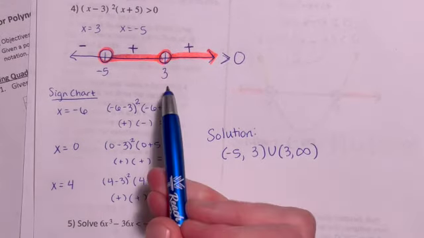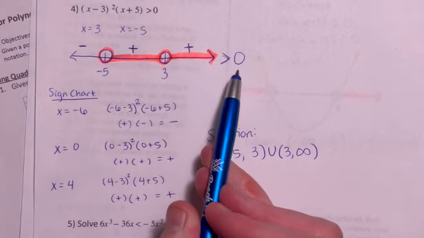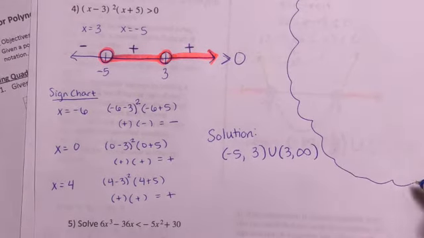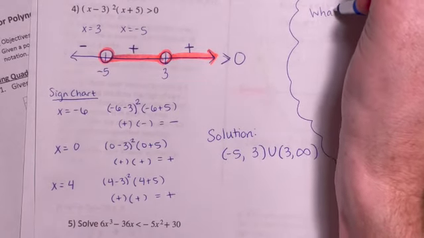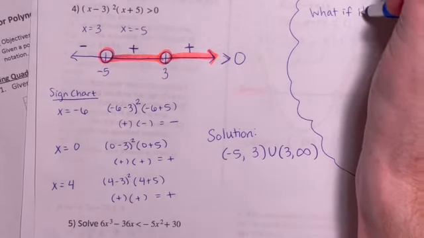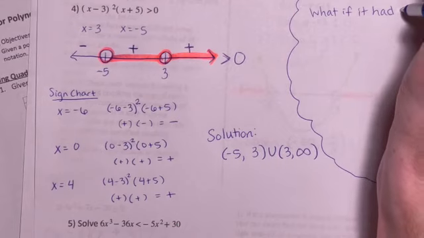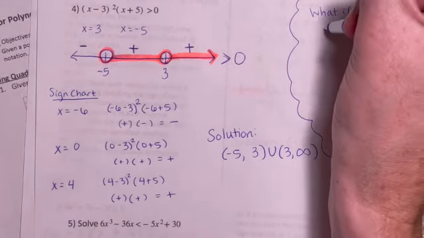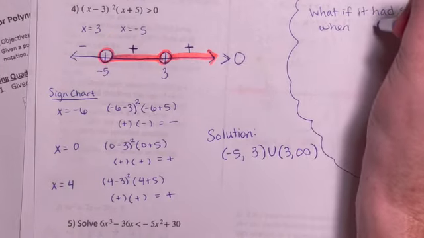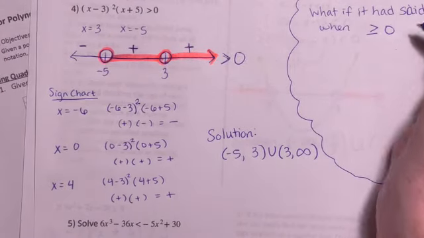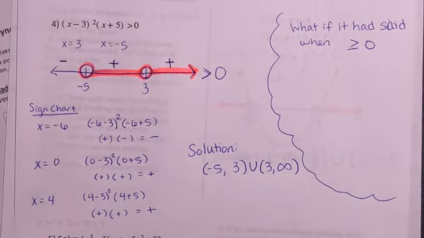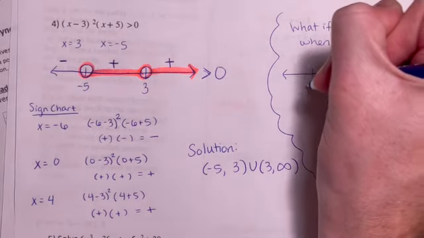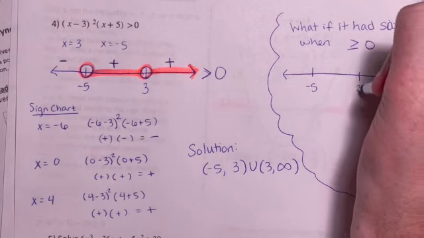So what if this had been "or equal to"? Let's just think off to the side here for a second. What if it had said when greater than or equal to 0? In that case, I would get to include those values, -5 and +3.